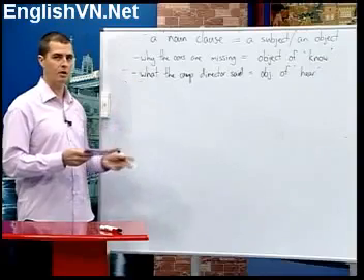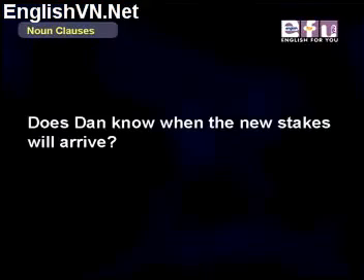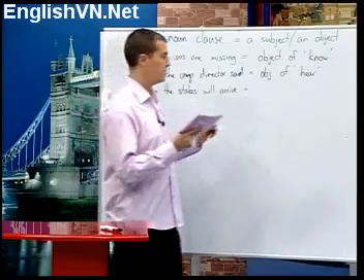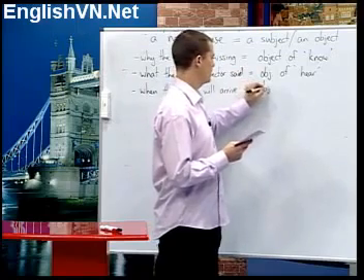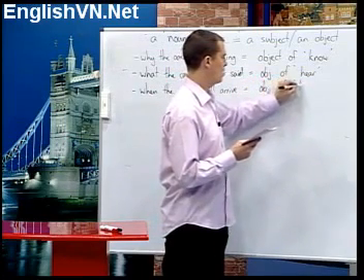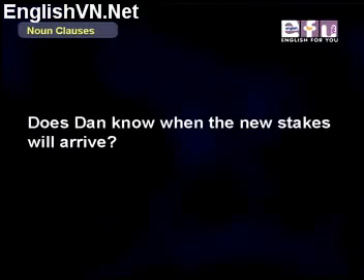So this is the object of the verb hear. In the third sentence, when the stakes will arrive, this is also a noun clause, and this is the object of the verb know. Does Dan know when the stakes will arrive?